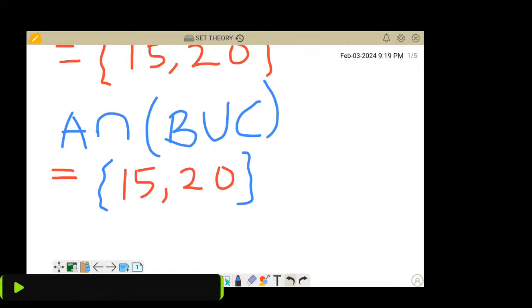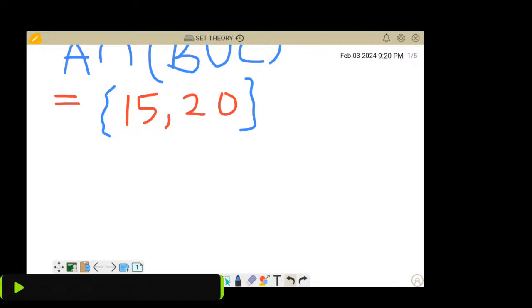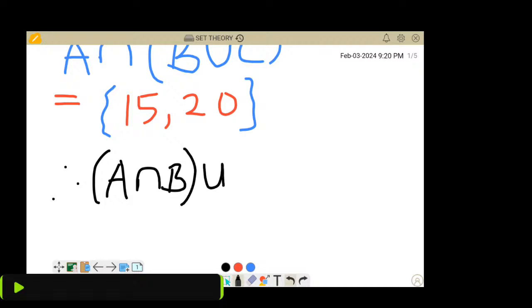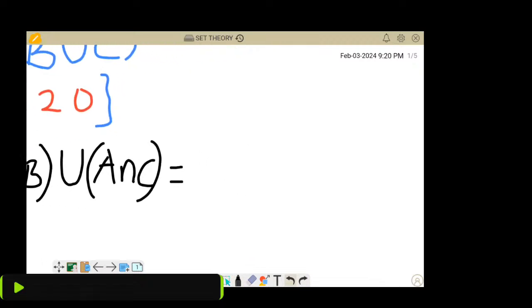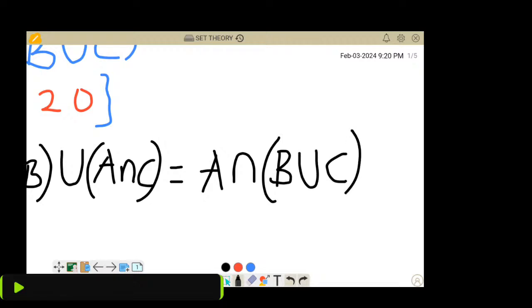Therefore, we can say A intersection B union A intersection C is equal to A intersection B union C. So we've been able to establish that.